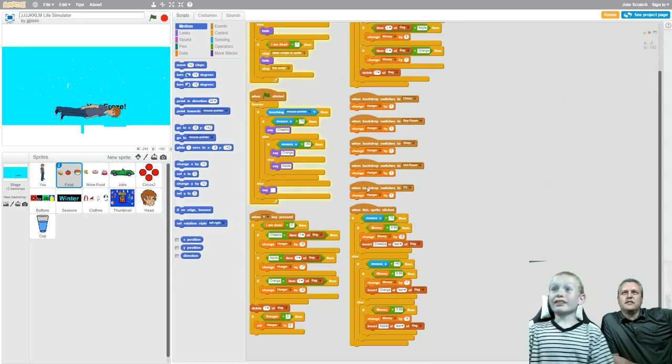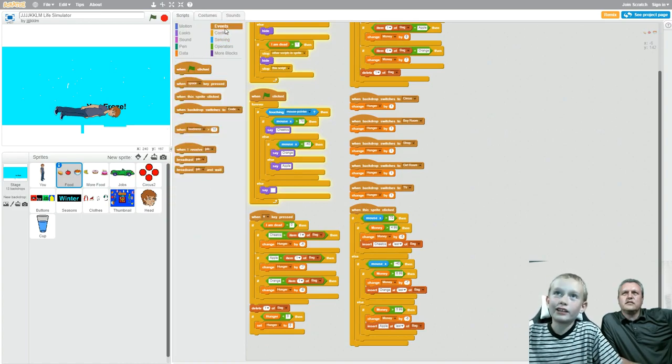So I think something that I don't understand why other people don't do, they use like 7 different sprites all to successfully have 3 different buttons, when you can just do when the sprite is clicked, which starts a script.